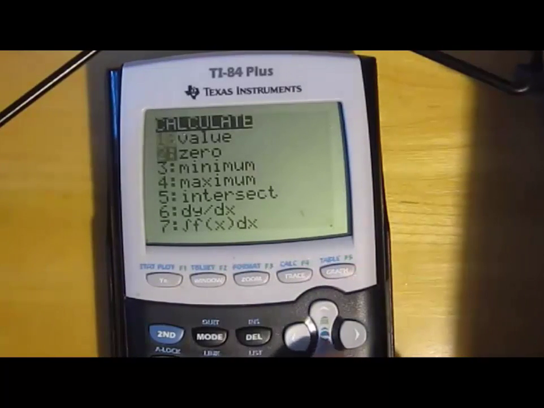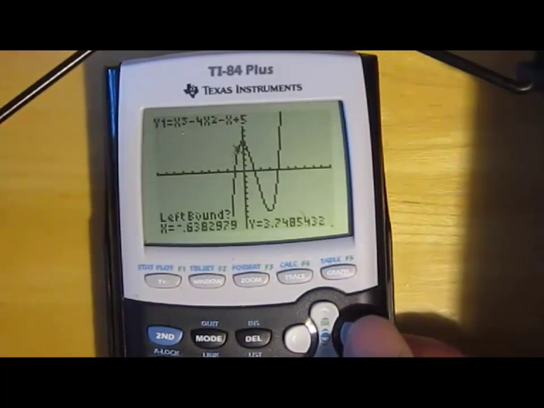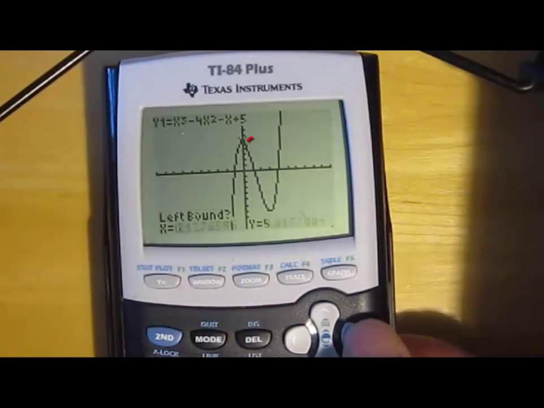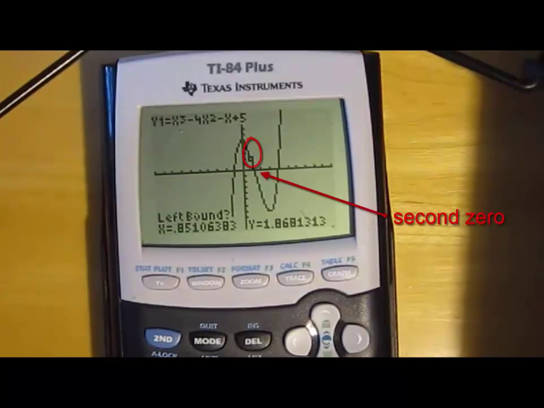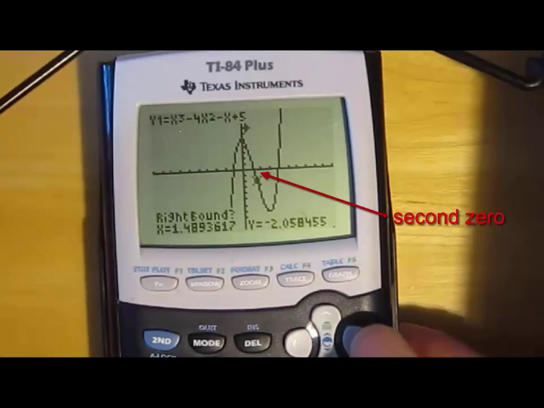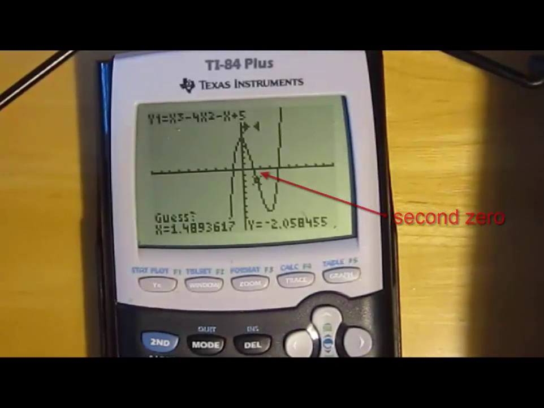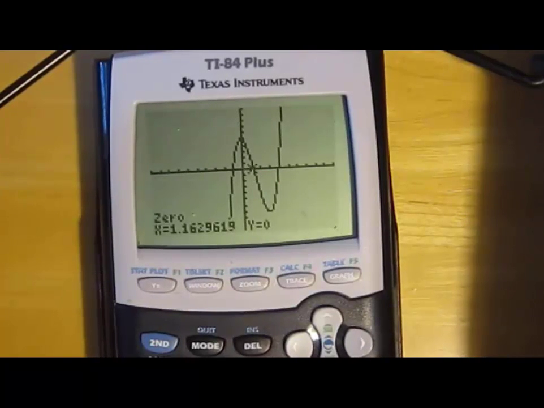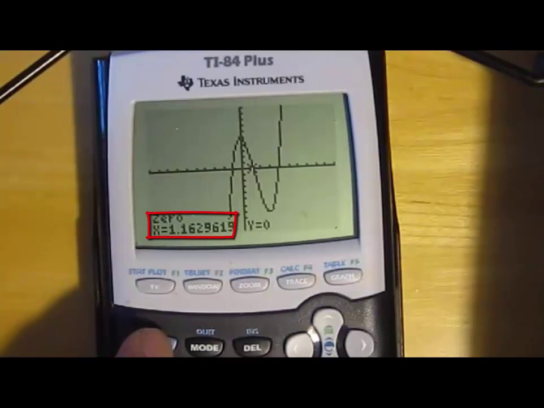Now we're going to repeat the same procedure. Check the zeros. Now we move the cursor to the left of the second zero. Hit enter. Then they will ask you the right bound of the second zero. So we move to the right and hit enter. They ask you to guess, yes. Hit enter. Then they show you the second zero. Then we repeat the same procedure.